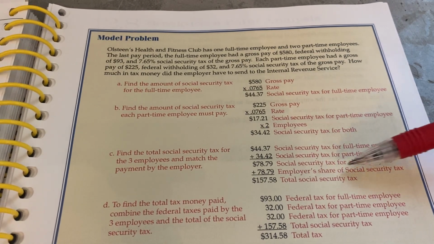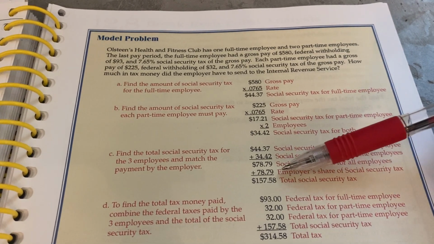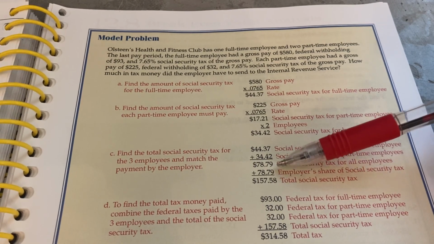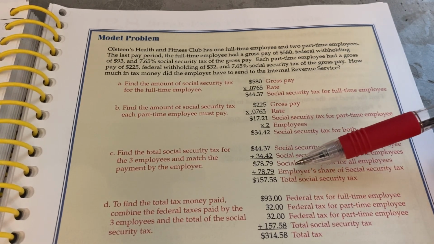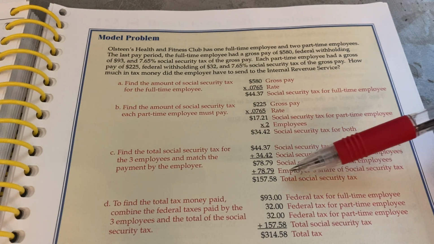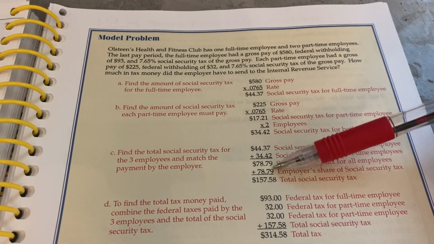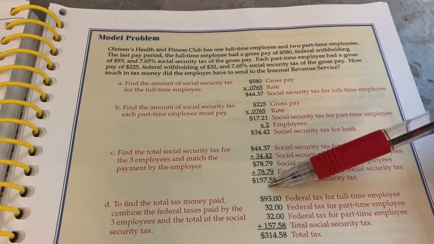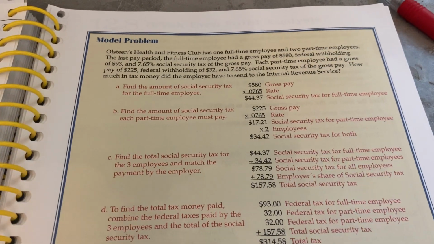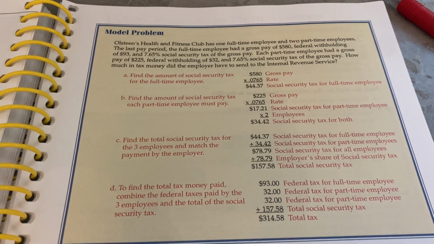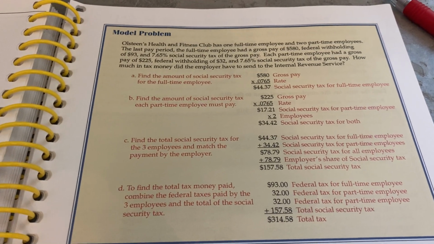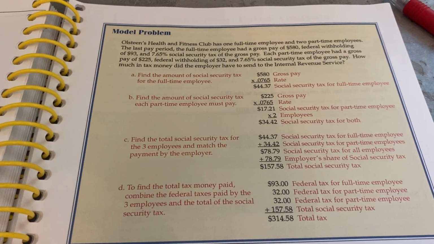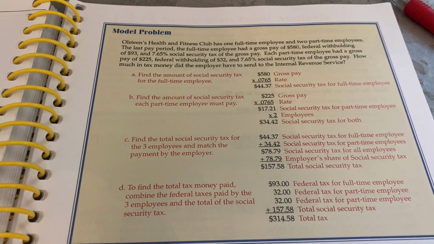And the employees' share of Social Security tax is $78.79 right here. So you're going to pay $78.79, and they're going to pay $78.79, so $157.58 Social Security tax.